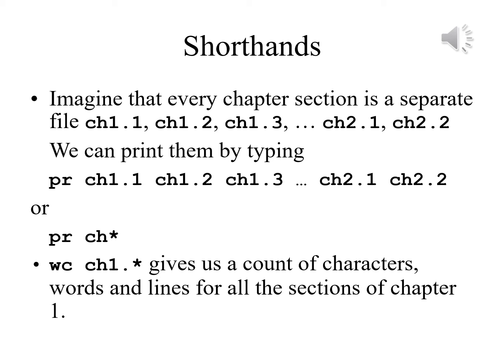In the second example, WC space CH1 period asterisk, it uses the WC or word count command to display counts of characters, words, and lines. It will do this for every file whose name begins with CH1. This is applied to all files with sections of Chapter 1.